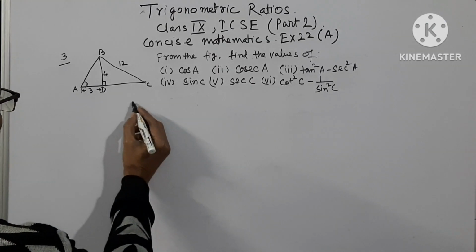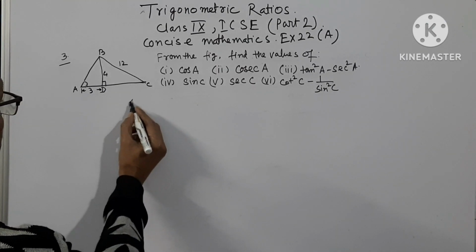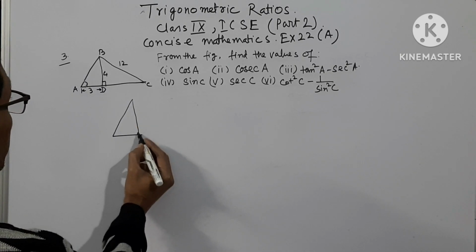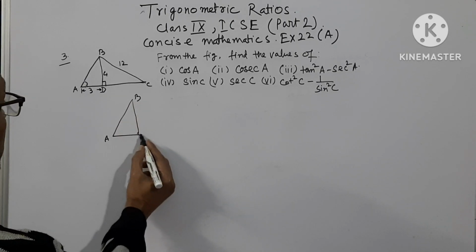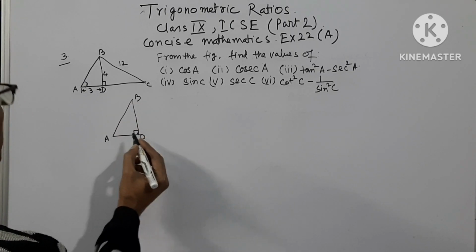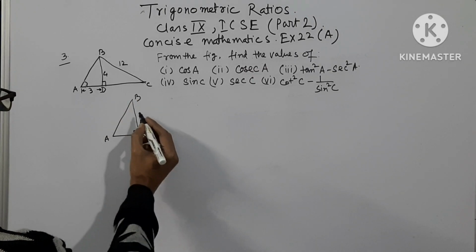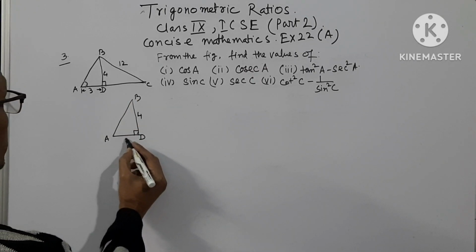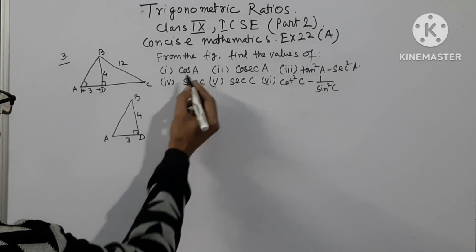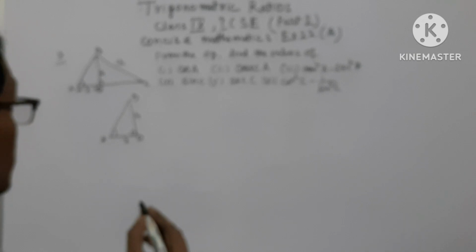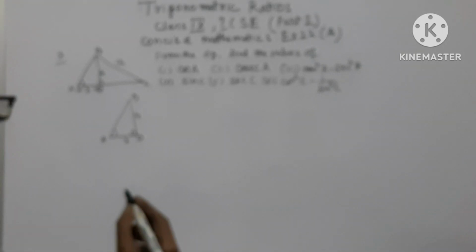See, if we take this separately, A, B, D, then this is the right angle triangle, and BD is 4 and AD is 3. So when we have been asked cos A, that means cos A equals base upon hypotenuse, and here the hypotenuse is AB, which you have to find out.